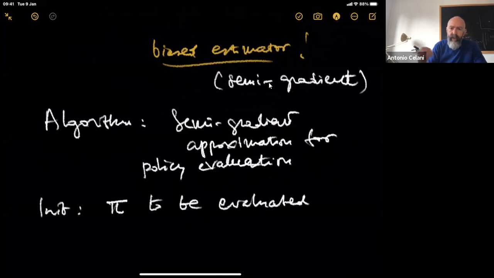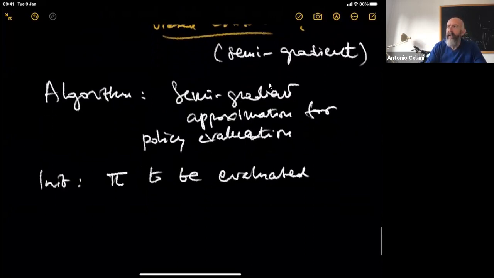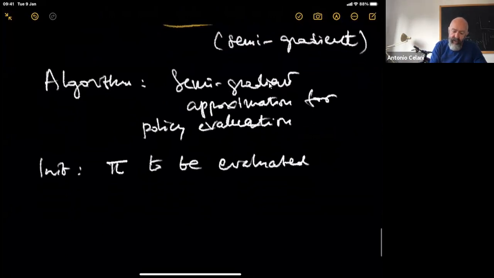Okay, so as usual, when you have to learn the value of a policy, you set some fixed policy. Then you choose some function, some approximator. Choose one: linear, non-linear, maybe neural network.